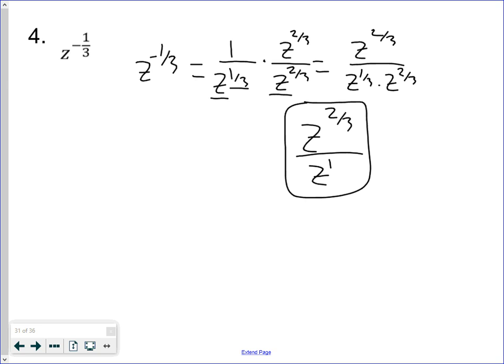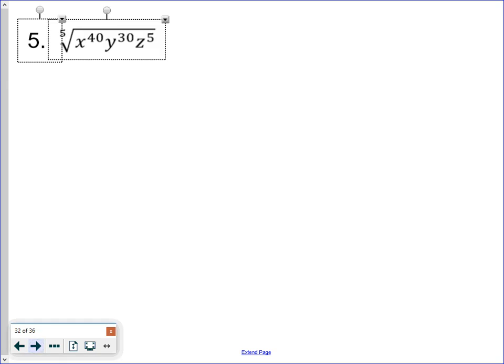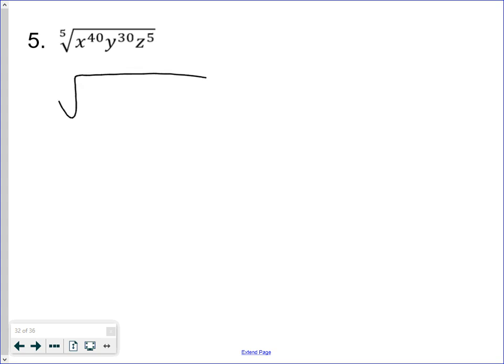All right, so let's keep on going to number 5. On number 5, we have the 5th root of x to the 40, y to the 30, z to the 5th. So like we said before, that root, or whatever is in your index, which is 5 in this case, we're looking for groups of 5 to take out.